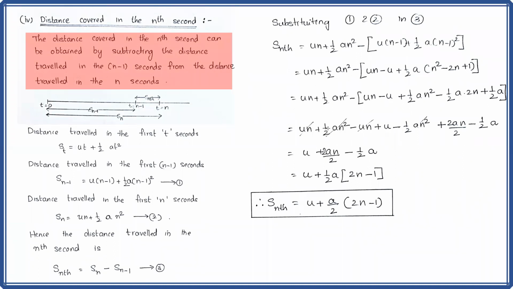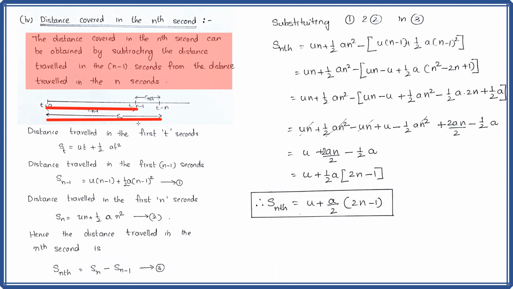So you can see here, distance traveled from 0 to n is the distance traveled in n seconds. And distance traveled from 0 to n minus 1 is the distance traveled in n minus 1 seconds.